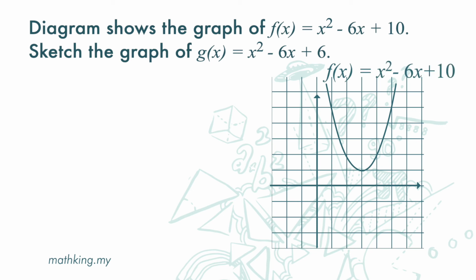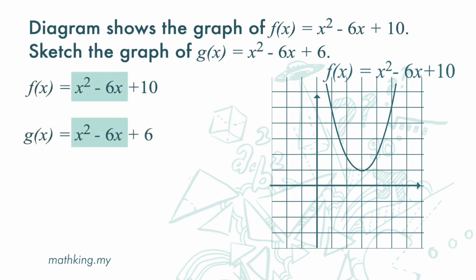The diagram shows the graph of f(x) equal x squared minus 6x plus 10. Sketch the graph of g(x) equal x squared minus 6x plus 6. These parts of the two functions are the same.